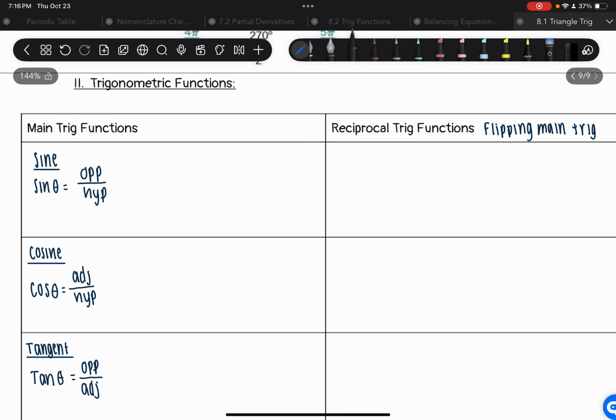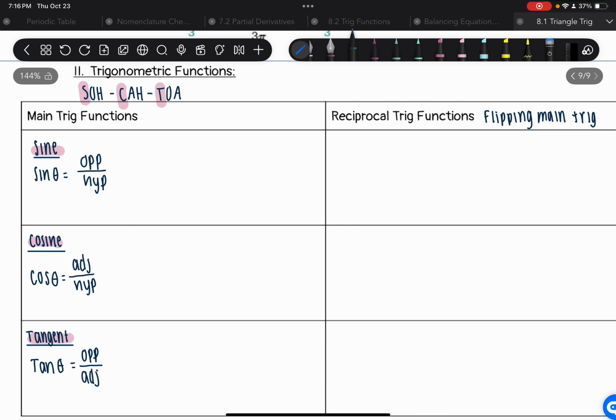A very common, easy way to remember this is with the acronym SOH CAH TOA. And the first letter represents our trig functions, so sine, cosine, and tangent. So in the SOH, the O and H means opposite over hypotenuse. The A and the H in the C is adjacent over hypotenuse, and then the OA in the T is opposite over adjacent.